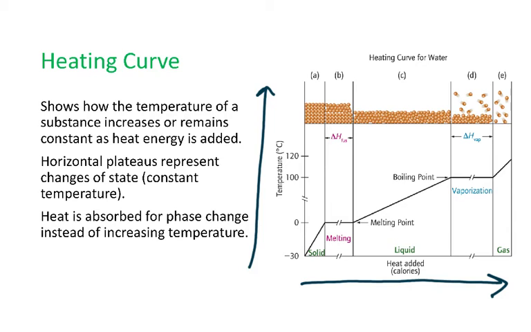Something strange happens when we see these horizontal lines, which means heat is still being added to the substance, but the temperature is not going up. So what's happening at those places? Well, those places are phase changes, and I'll explain more about that in a moment.